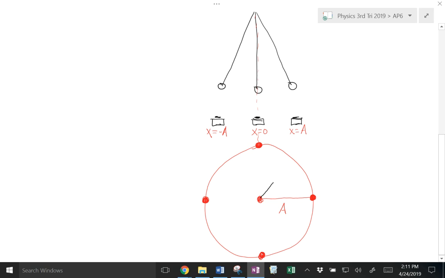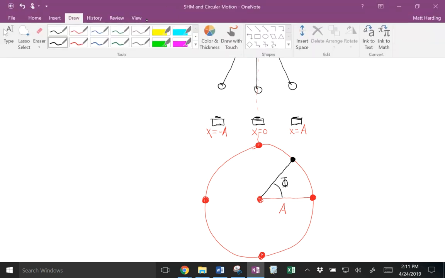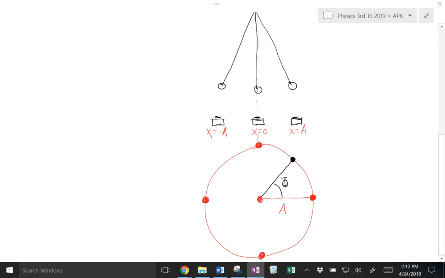At any other points, you can imagine as it's going around the circle, it undergoes some angular displacement. For Greek purposes, we're going to call this angle phi. At that angular displacement, the horizontal projection of the position is just this right here.